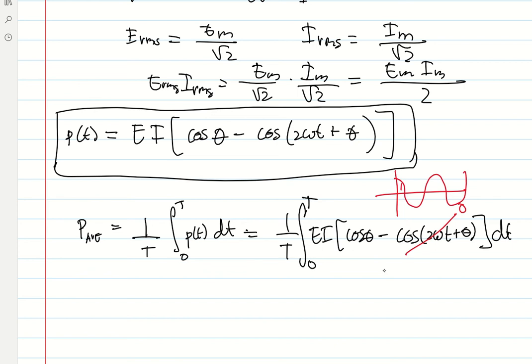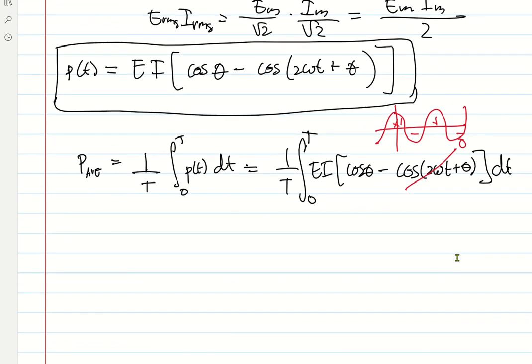So this area will always be equal to this area, so they always cancel out. So the average is always equal to 0, and we don't need to take the integral of that. The only remaining will be EI cosine theta times dt. And we know that EI cosine theta are constant.